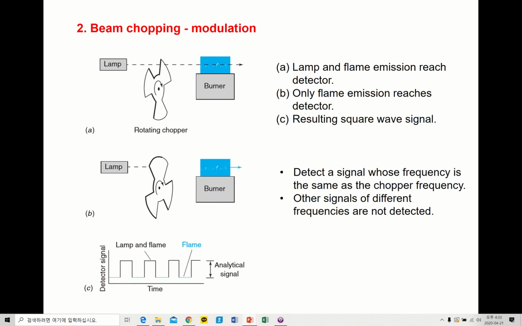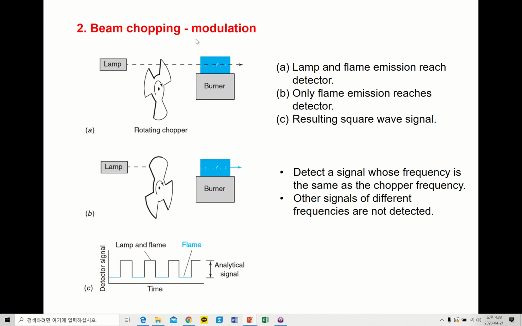We carry the signal over another wave, and then at the detector we select only the signal frequency. That kind of technique is called the modulation technique.